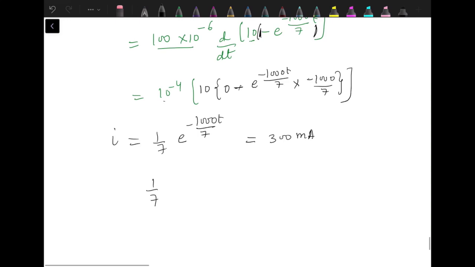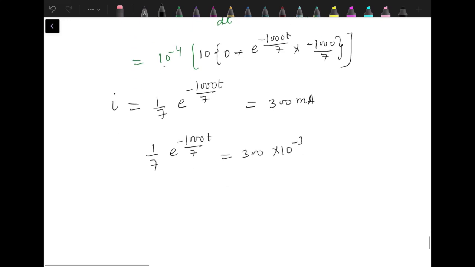So 1 by 7 into e raised to power minus 1000 t by 7 is equal to 300 into 10 raised to power minus 3.